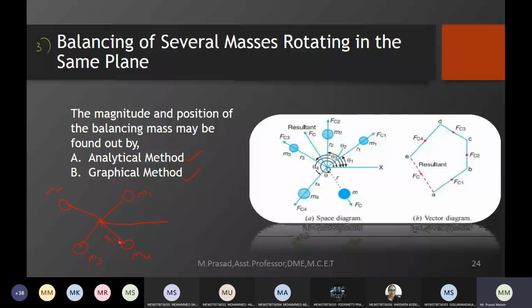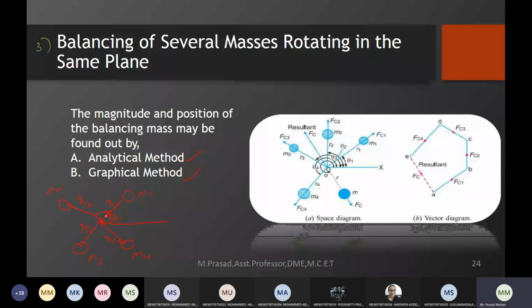This is at radius r4, this at radius r3, this at radius r1, and this at radius r2.